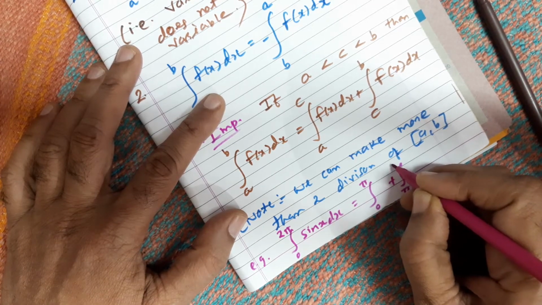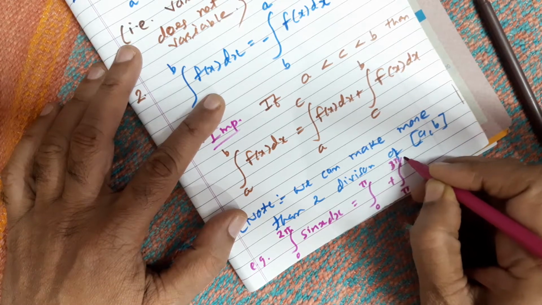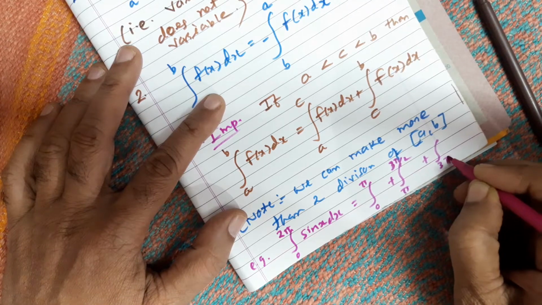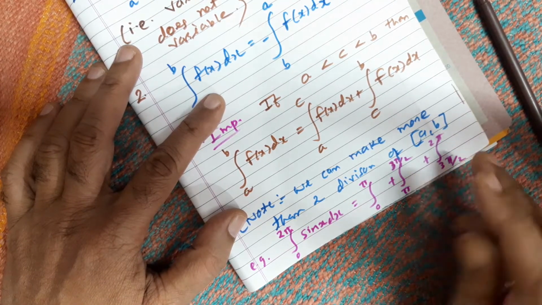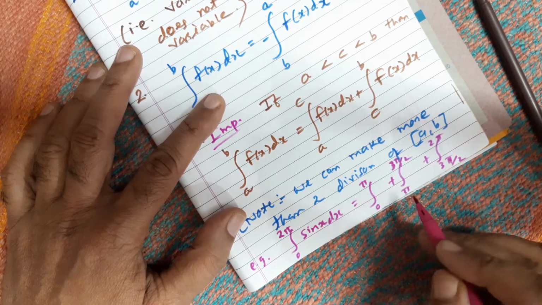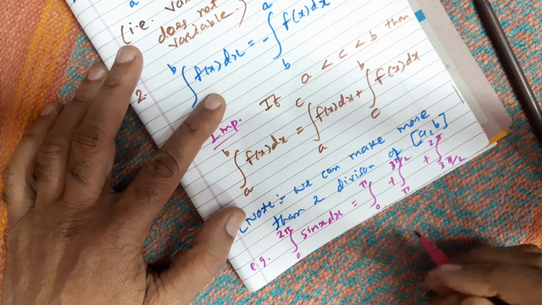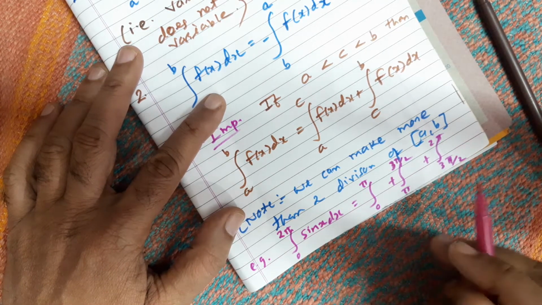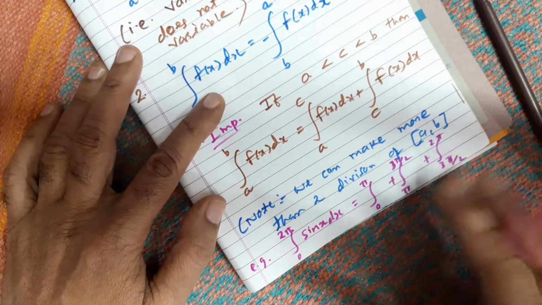Or you can make two parts, or 3 also, plus 3 pi by 2 to 2 pi, I'm just writing in short. I can divide even into 4 parts: 0 to pi by 2, pi by 2 to pi, second quadrant, pi to 3 pi by 2, third quadrant, and 3 pi by 2 to 2 pi, fourth quadrant. Or you can take only two parts, anything, just like this.